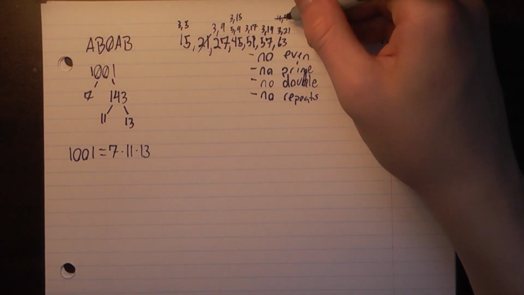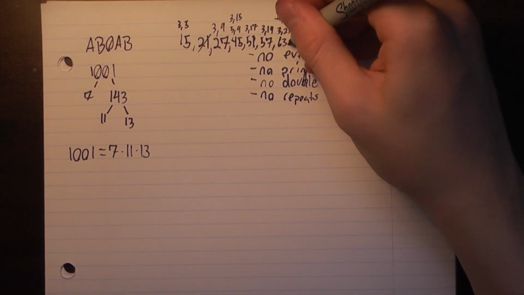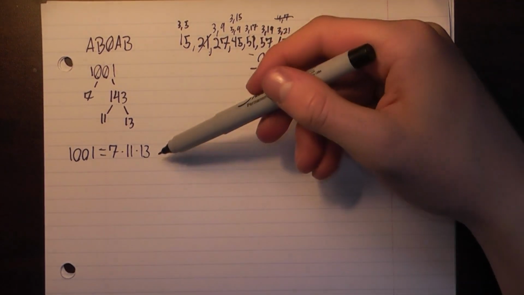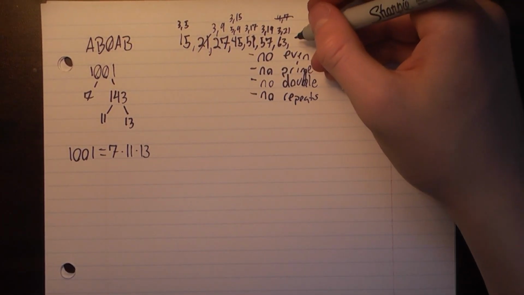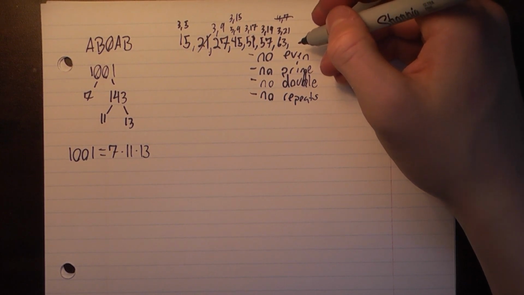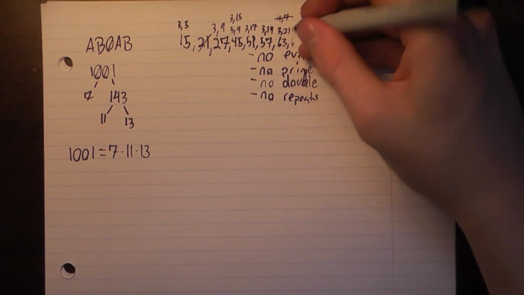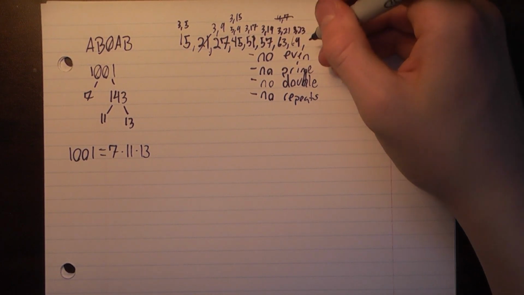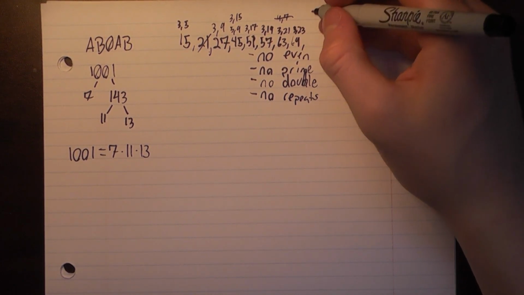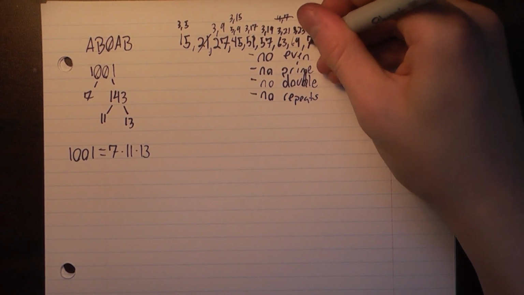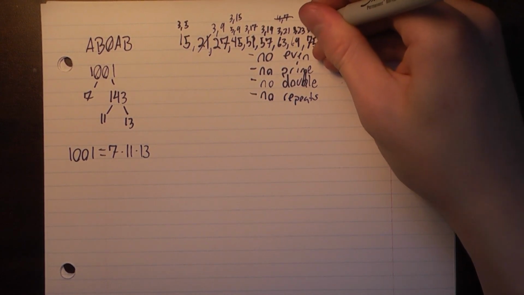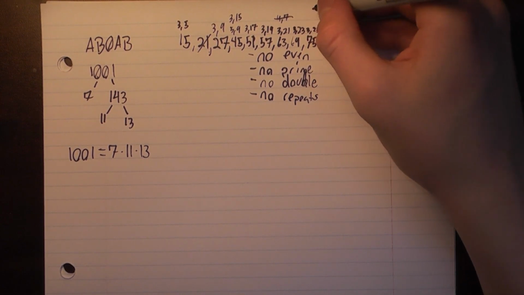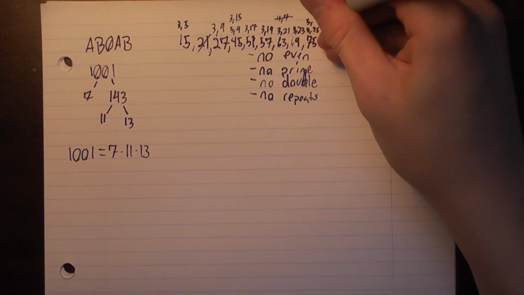So that doesn't work, but 3 and 21 does. 65 is only divisible by 5 and 13. 67 is a prime number. 69 is divisible by 3 and 23. 71 is a prime number. 73 is a prime number. 75 is divisible by not only 3 and 25, but also 5 and 15.